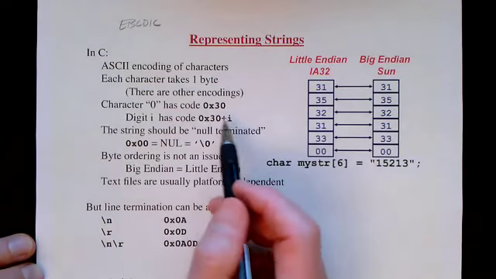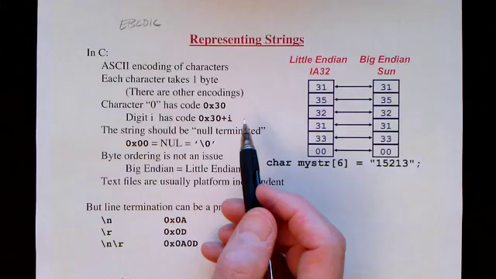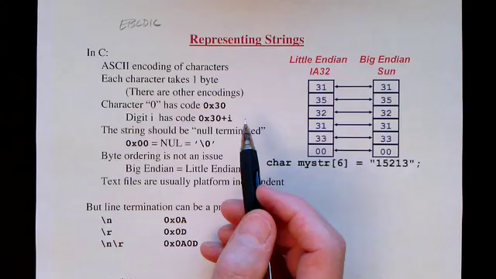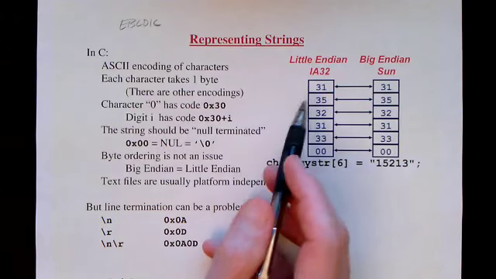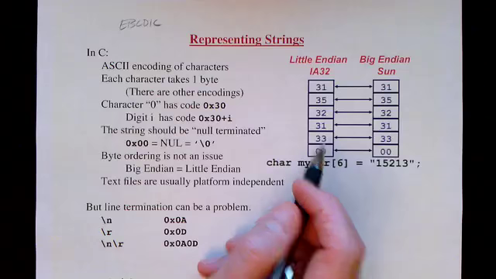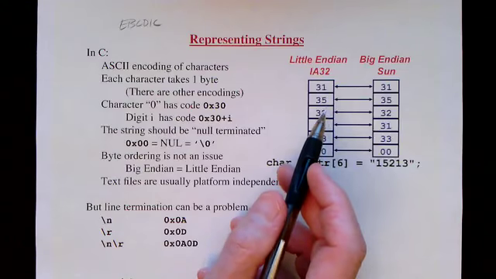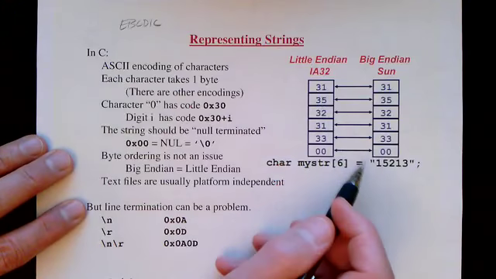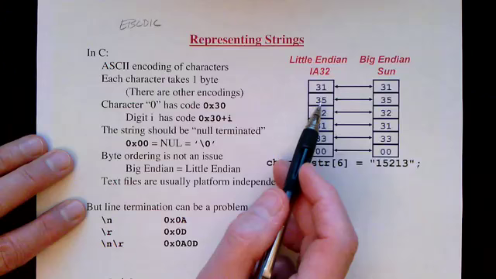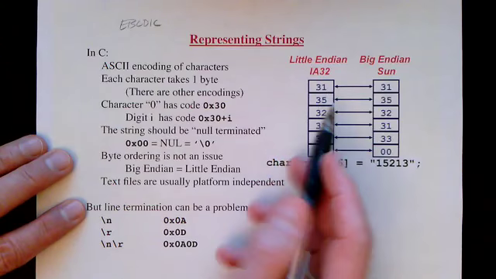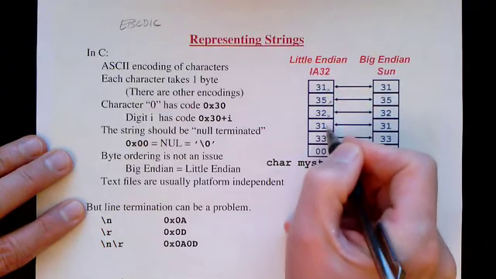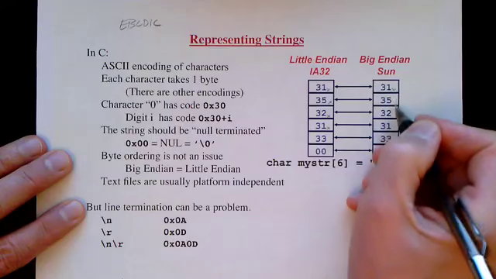Remember that in our ASCII scheme, the digits were represented with codes. The digit 1 is represented with the hex code 31, and the character 5 is represented with the code hex 35. So these numbers are in hex. I could put a little X subscript here to indicate that if there's any confusion.